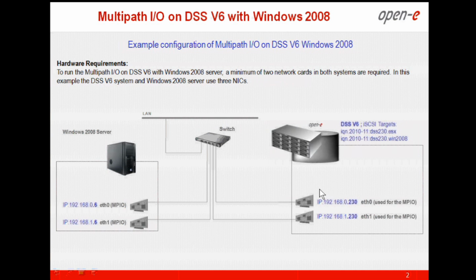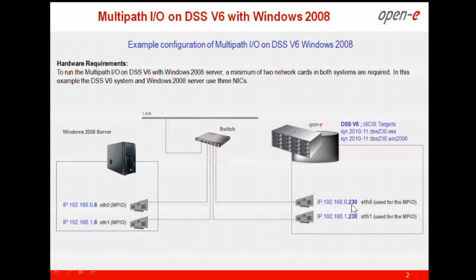Last time I showed more cards: one access card and two dedicated cards for MPIO. But this is not a must. We can have two cards only, two network controllers like here, and both can be used for MPIO.